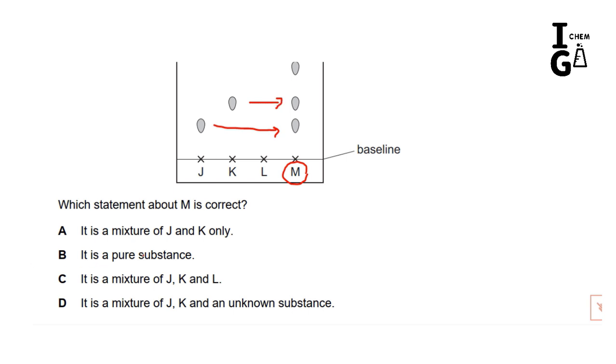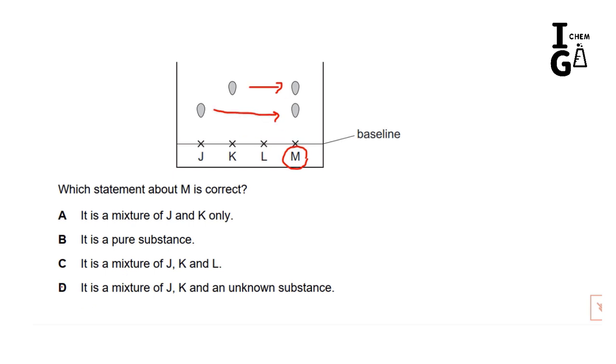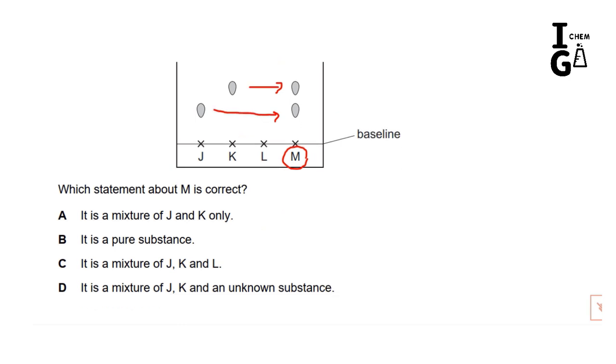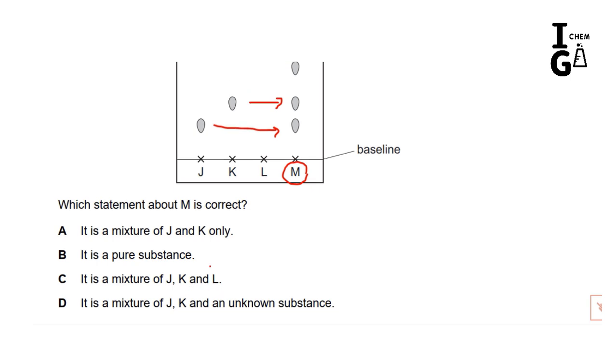Letter B, a pure substance. Of course it's not a pure substance, because here we have a mixture of different substances forming it. Letter C, it's a mixture of J, K, and L. So actually guys, look at L. Here we don't have L, so this is also not correct.